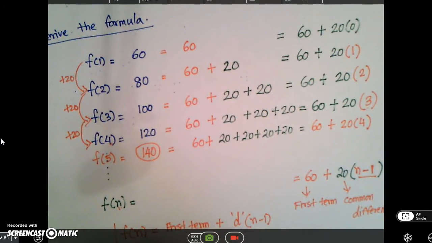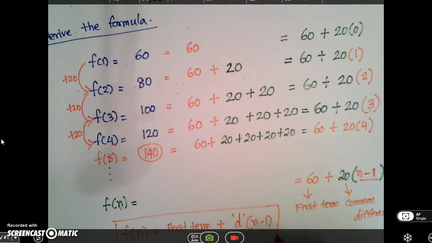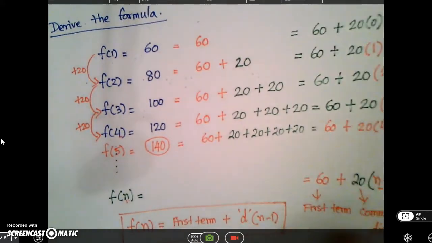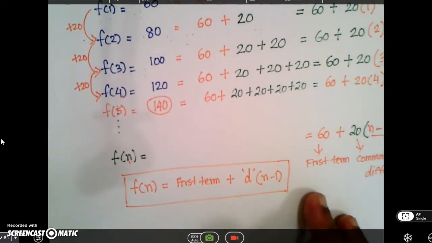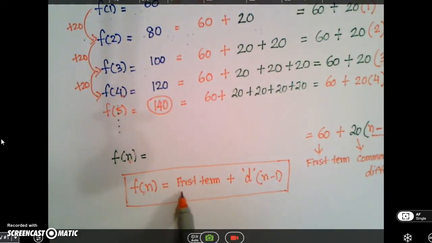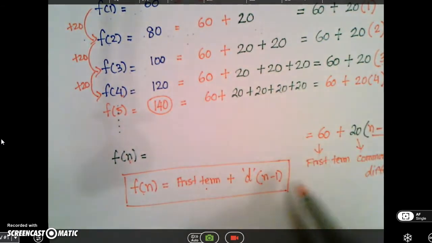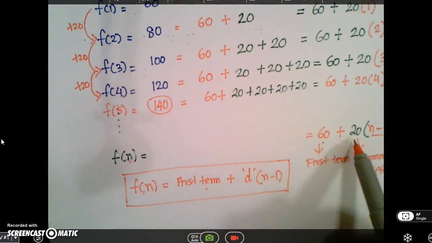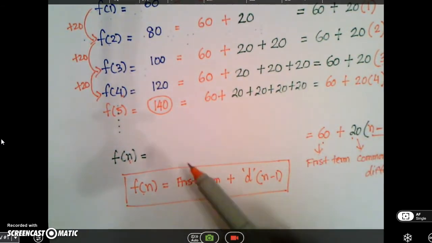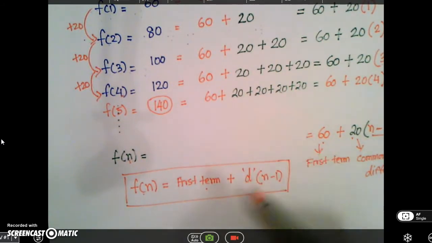Okay, so this is what you have as a formula in your book for your explicit rule. So f of n equals your first term plus the common difference times n minus 1. In this case, the first term was 60 and the common difference was 20. So if you knew your first term and your common difference, you could write your explicit rule.